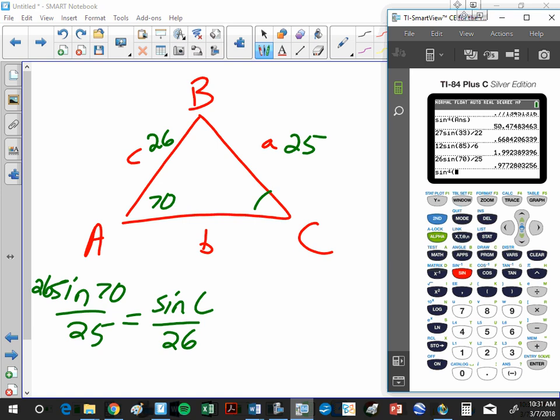Second sine inverse of the answer. So now I have the sine, 77 degrees. Wait, so is that what it wants? Well, it says solve the triangle.